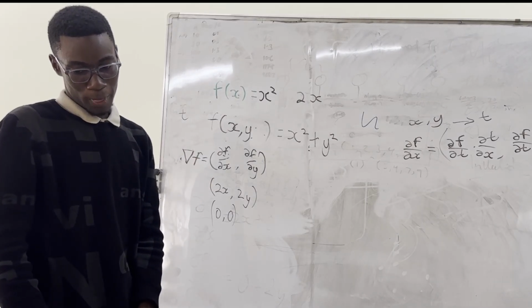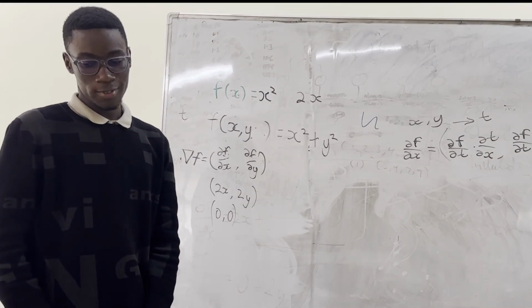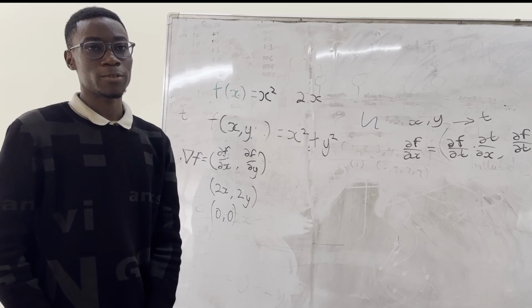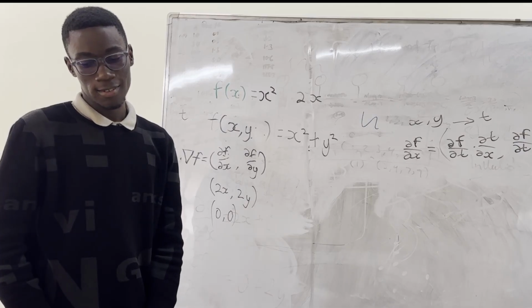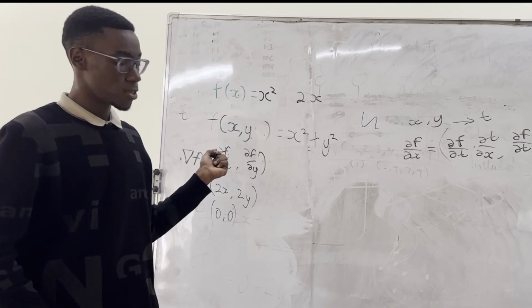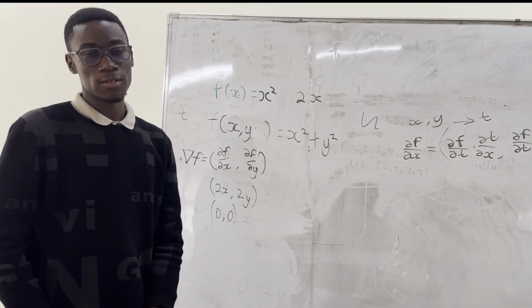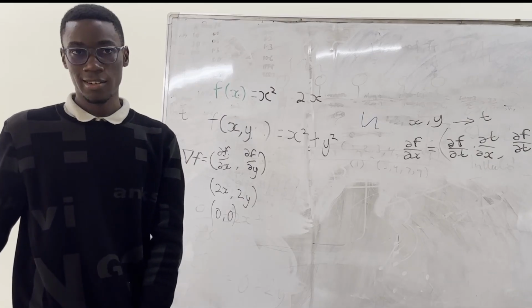Visualizing them, the single variable function gives us a curve in a 2D space. A 2D space is like a graph with two axes, x and y. And then a function with two variables, say this one, gives us a surface in a 3D space. It's like a plane.